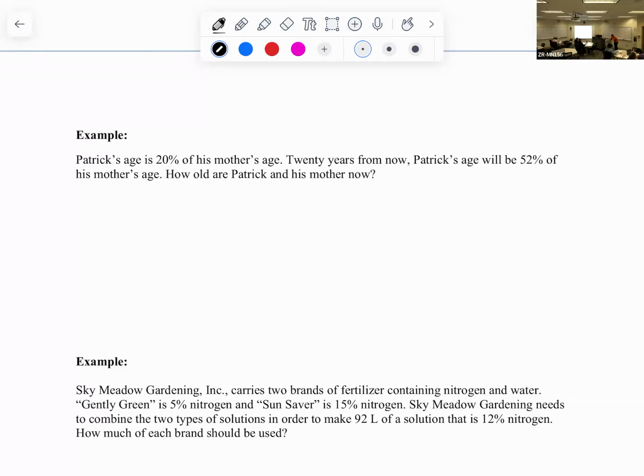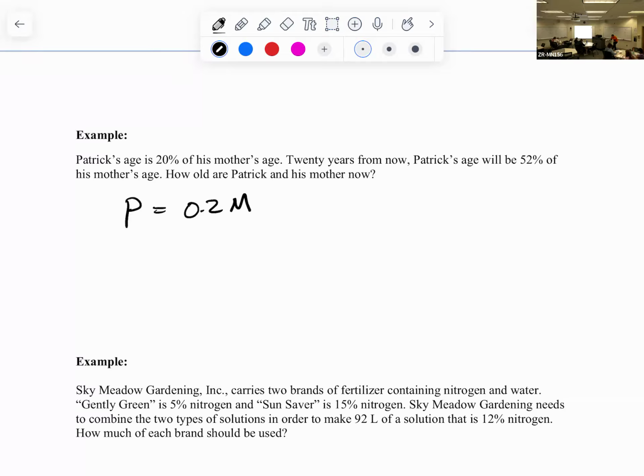So let's read this out. Patrick's age, let's call it P, is, what is it? Equals 20%, 0.2 of, multiply, his mother's age, M. Now, here's the tricky one. 20 years from now, Patrick's age will be 52% of his mother's age.